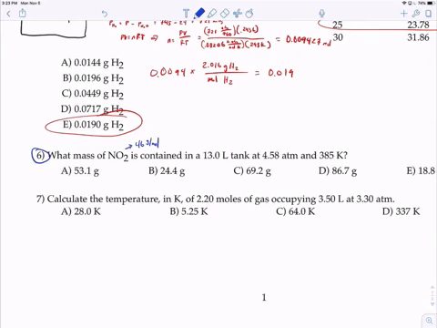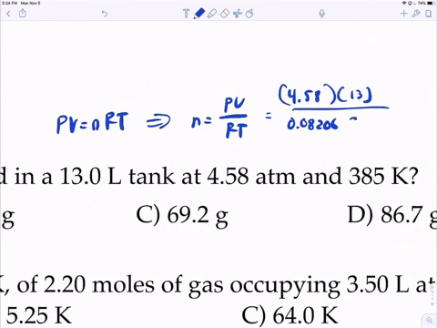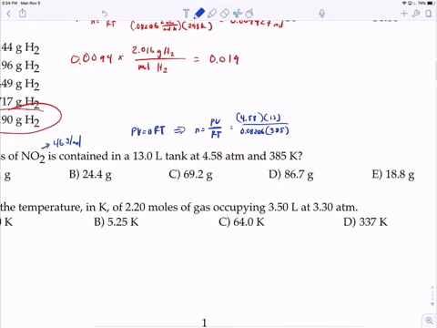So PV equals nRT. n equals PV over RT equals 4.58 times 13 over 0.08206 times 305, and then take n times 46 grams per mole to get the answer.